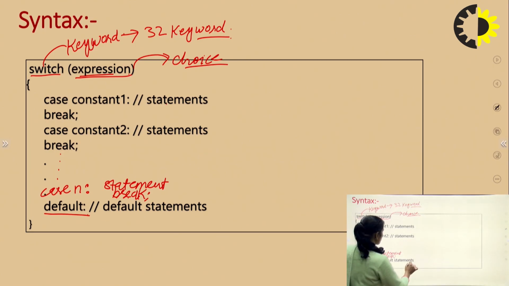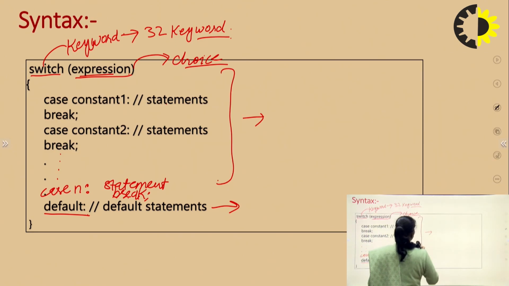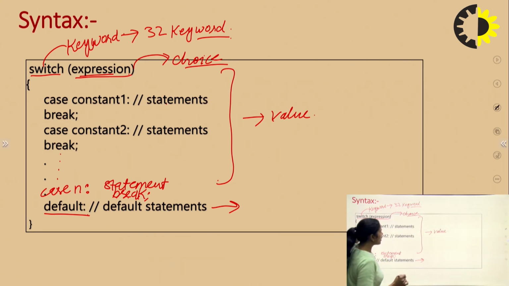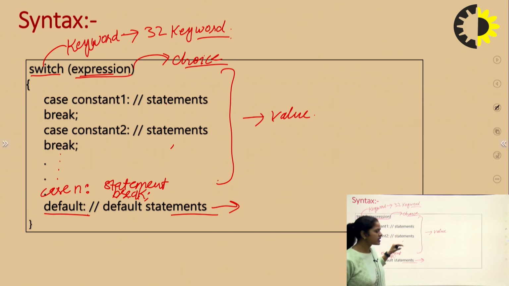What is this default case? Let's suppose you input a value that is not present in the given cases. So what will happen here? The program will return a particular notification that the value does not match the given cases. This is called a default statement.